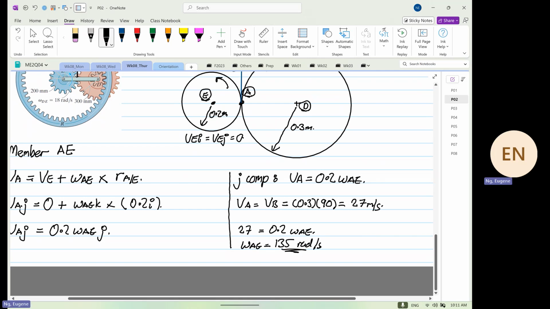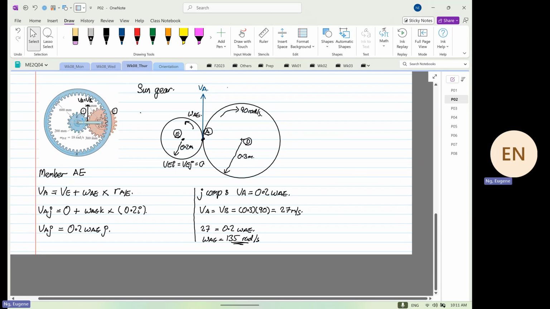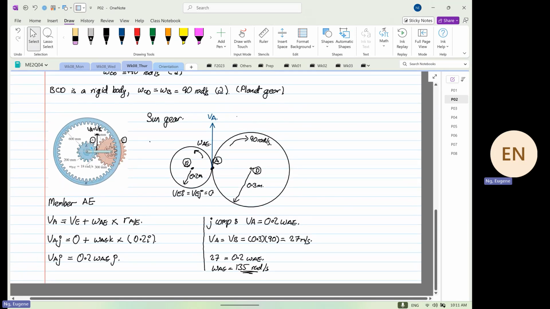But you can use your gear ratio. I'm not teaching gear ratio over here, I'm teaching vectors. I tend to go slow on this problem because I want you all to be clear.